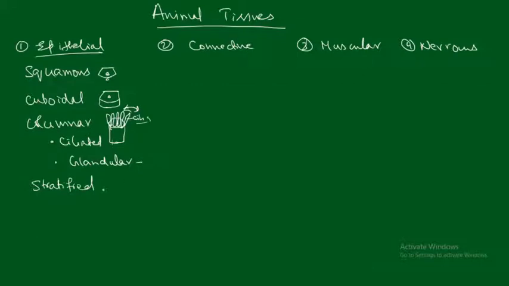The stratified means they have different layers of cells, and these are found generally in the skin and the cornea of the eye. So basically we have four types of epithelial cells, starting with almost a flat cell, cuboidal, columnar and stratified.